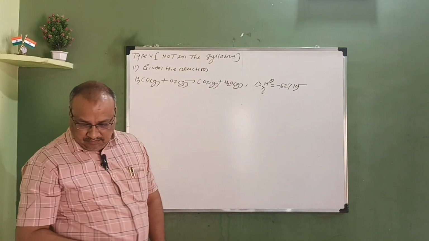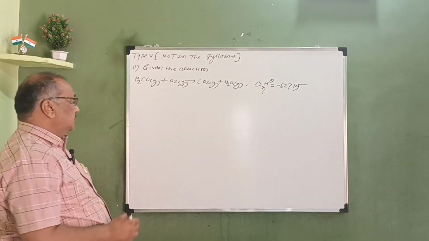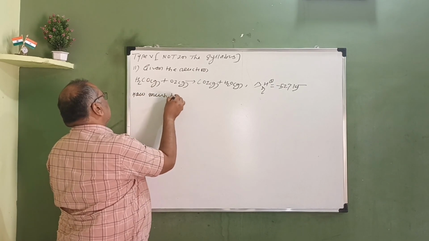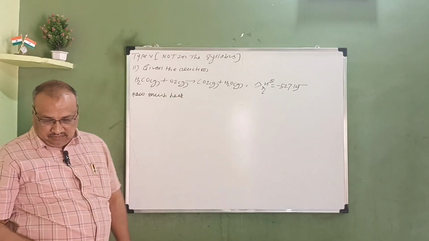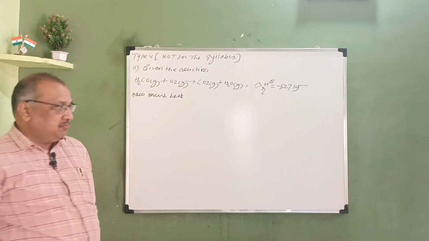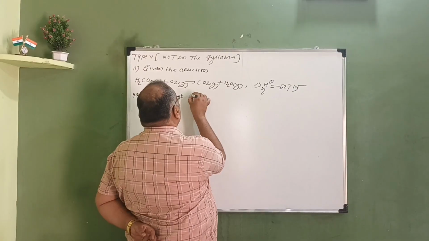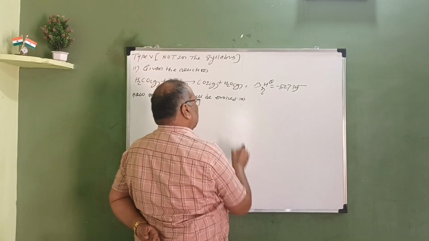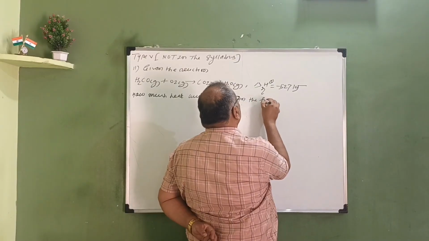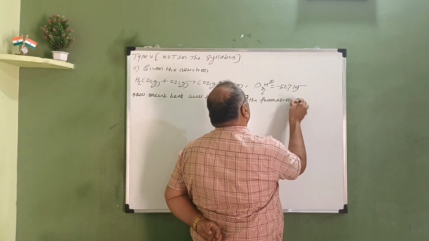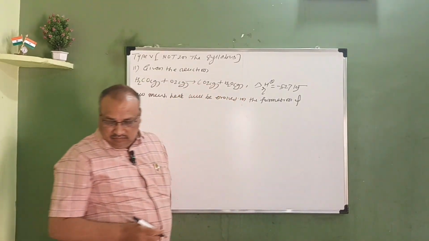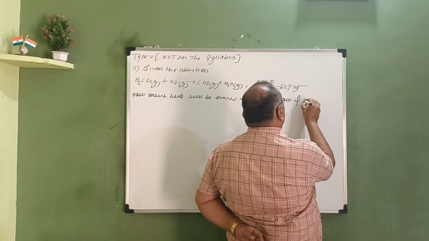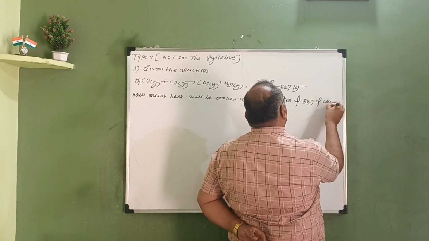Now here, how much heat will be evolved in the formation of 30 gram of CO2.